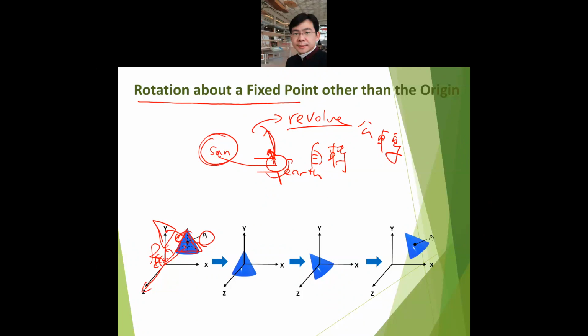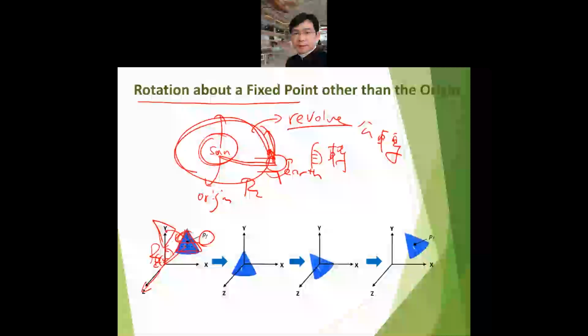In this case, if we take this location as the origin and apply a rotation matrix such as Rz here, it will rotate like this and revolve around the sun, right?